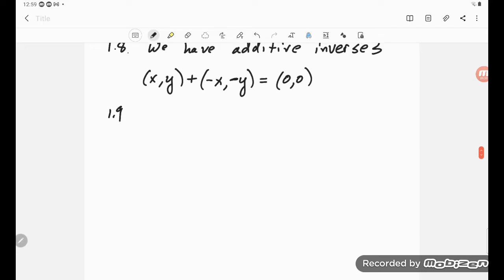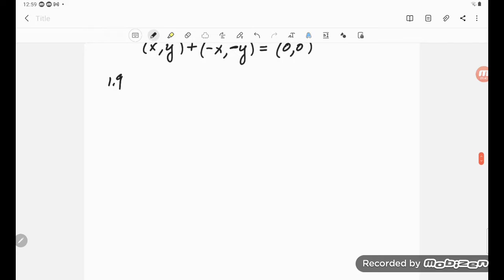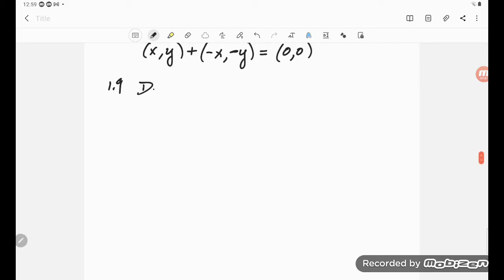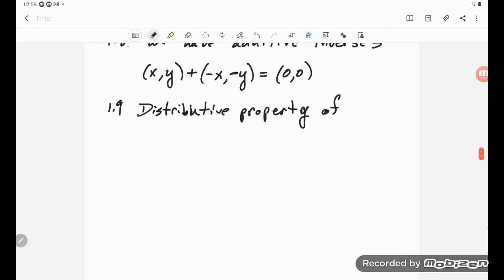1.9. In this case, this is our distributive property of multiplication over addition.